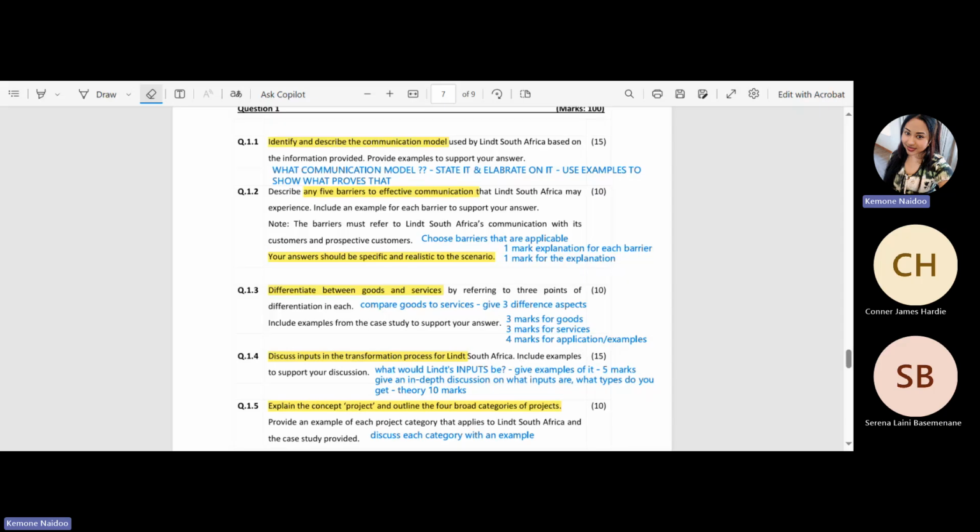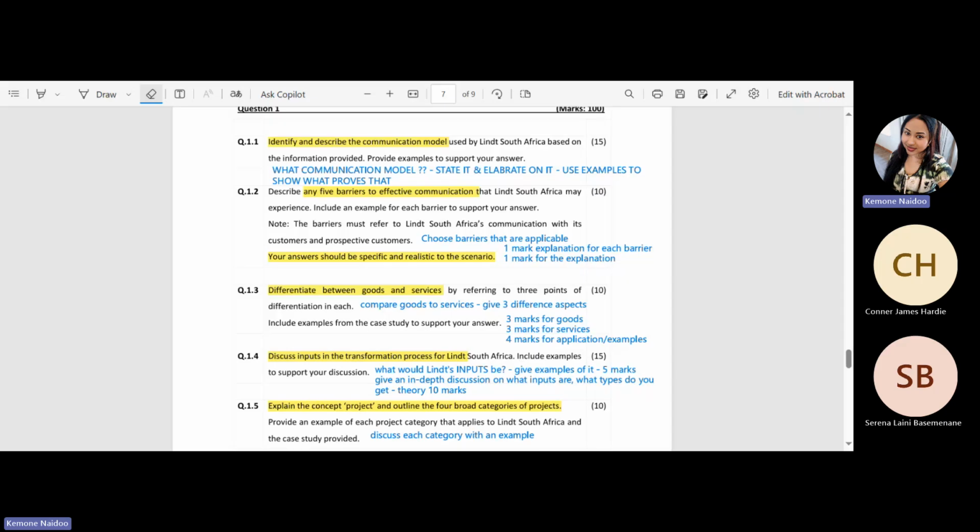Okay, so what is the communication model? State that and then elaborate on it. And then what in the case study is telling you that this is the communication model? Like what makes you say that? Okay, so that's going to back up your answer. So please write enough. I know from the previous assignments it's very common that you write maybe a 5 line paragraph.